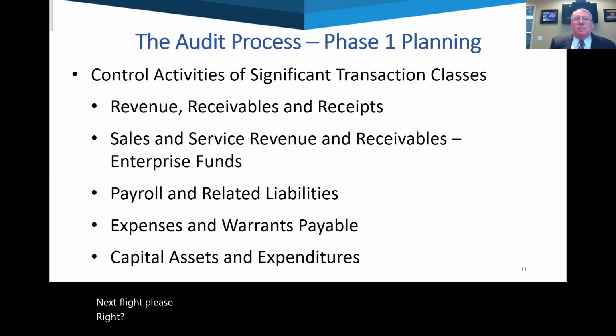So other control activities for significant transaction classes: revenues, receivables, and receipts. Depending on how much of the receivables are collected, sometimes everything goes to the collector's office. A lot of times the treasurer's office is different than the collector's. Some are combined, with, in effect, a finance director overseeing both.